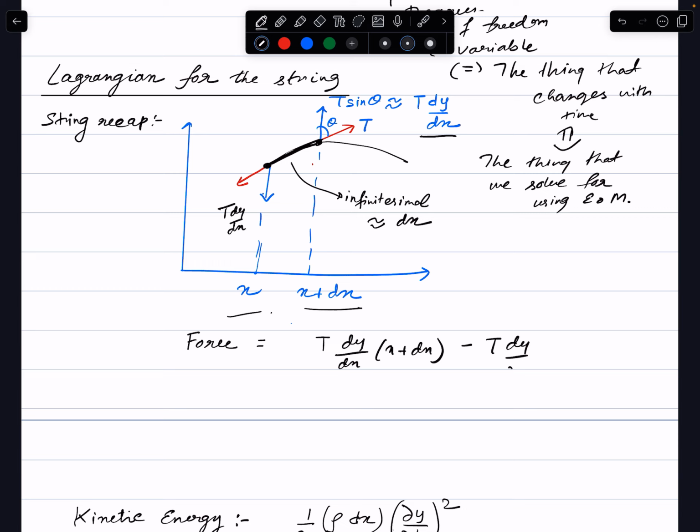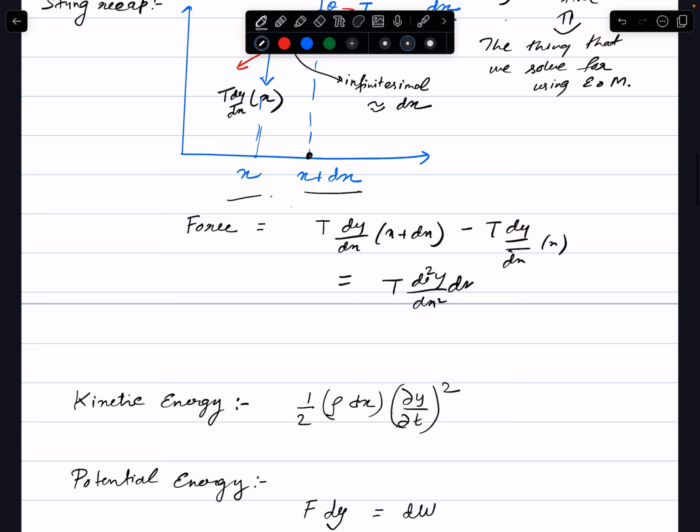This is also T dy/dx, but this is at the point x and this is at the point x plus dx, and the net force is the difference between the two, which we saw in the last class was d2y/dx2 into dx.